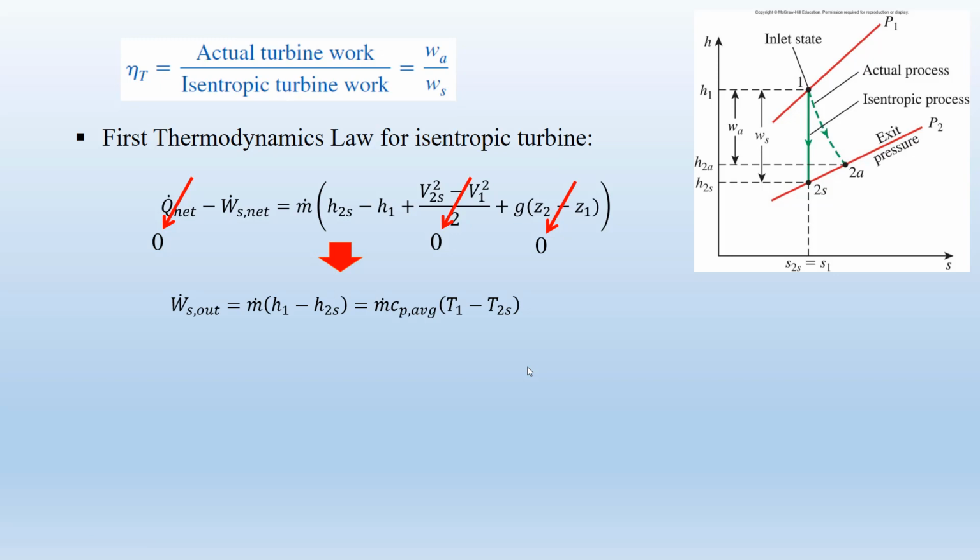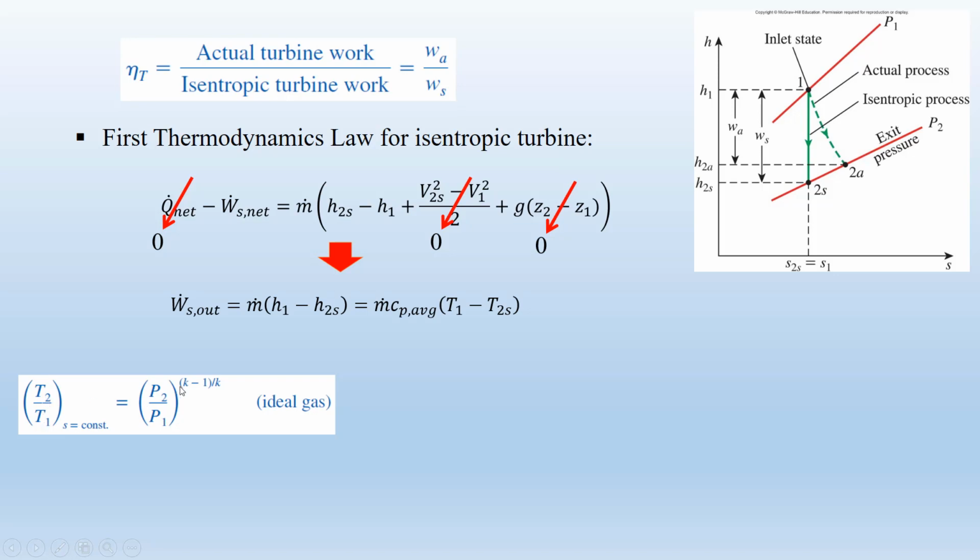So to calculate the T2S, guys, if you remember, for ideal gas with isentropic processes, we developed several equations. If you assume constant or average heat capacity, we can use this correlation with the pressures to calculate the T2S.